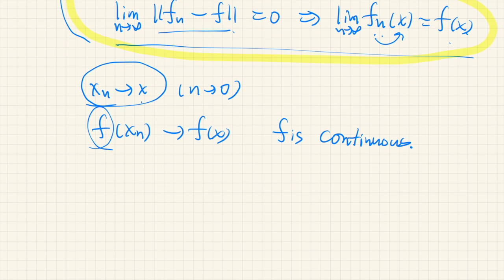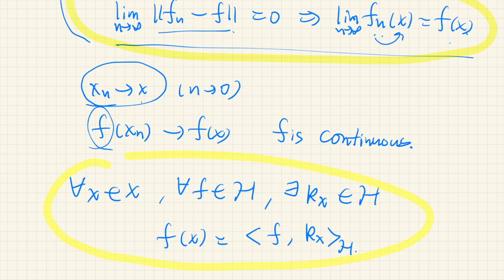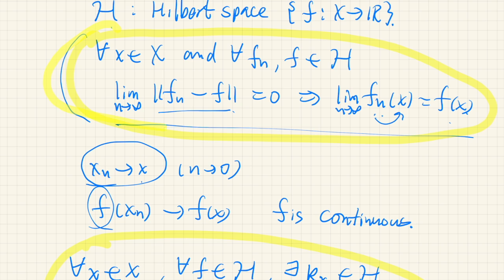That is, for any x in X and for any f in H, there exists some function kx in H such that f(x) is equal to the inner product between f and kx in the Hilbert space. Now let's show that this condition is equivalent to the first condition.